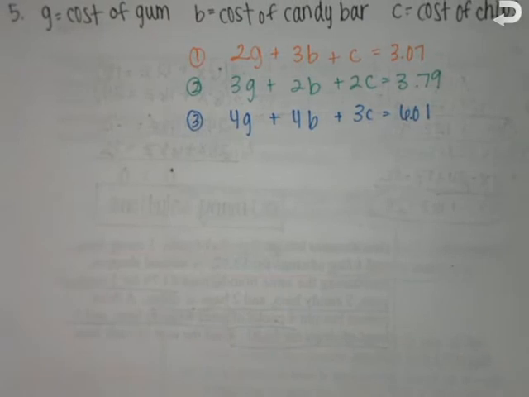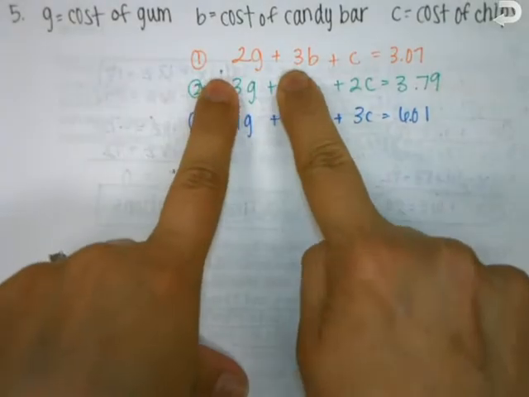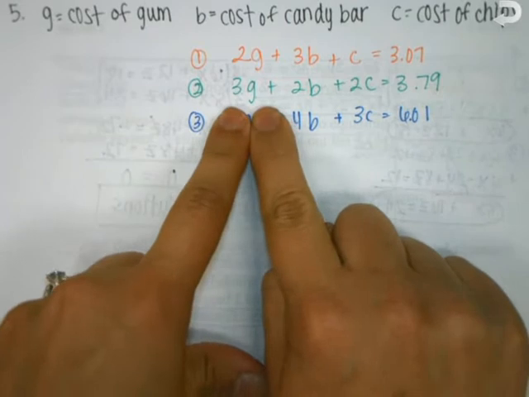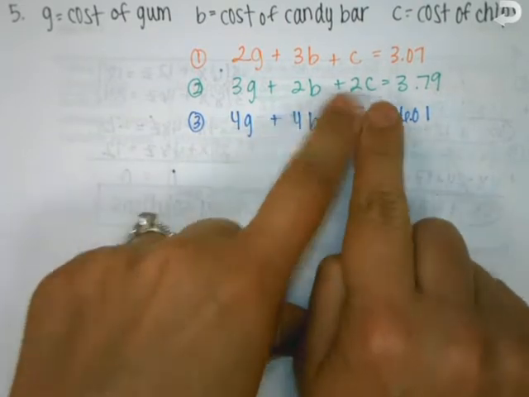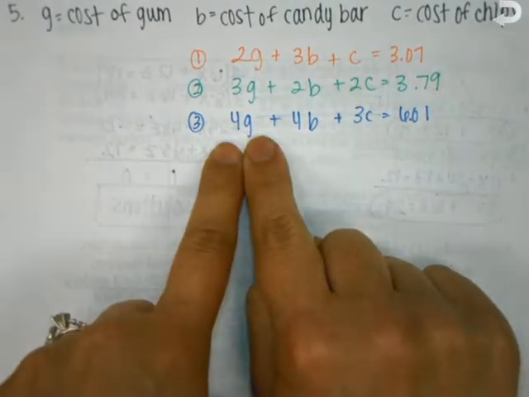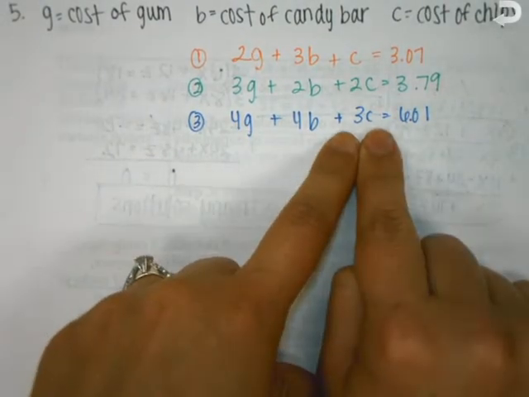Second equation, 3 gum plus 2 candy bars plus 2 chips is 3.79. 4 gum plus 4 candy bars plus 3 chips is 6.01. Everybody okay? Okay, even though we have decimals right here, I'm going to leave them. Are any of you totally against that?